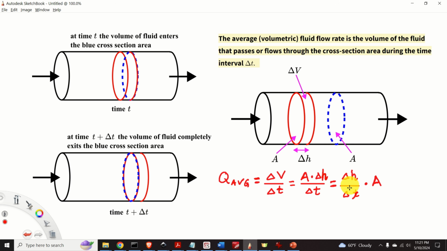Now, what is delta H over delta t? Well, delta H over delta t is simply the average velocity of our fluid volume. That is, V average is delta H over delta t.